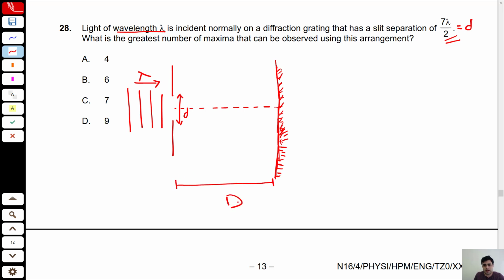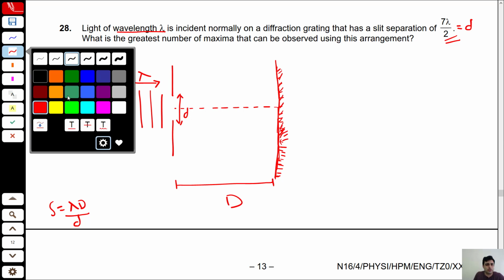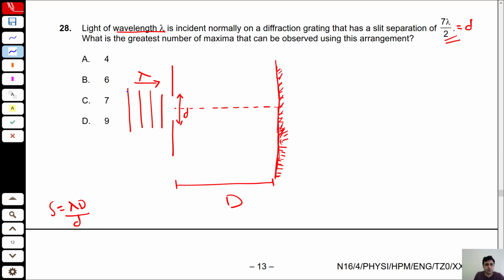Normally the equation that we use is this one, s equals lambda D over small d. This time we will use a slightly different equation here, similar but a little bit different. Now, what is the greatest number of maxima? Maxima are constructive interference. You can see we have maxima here, and then maxima here, and then maxima here. Between two maxima we have minima.